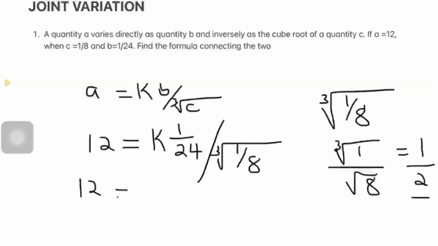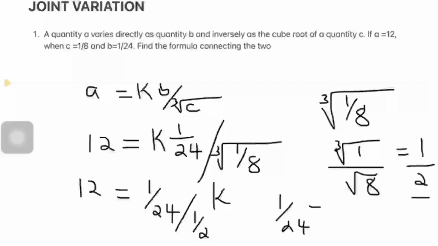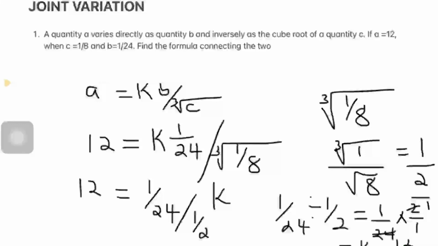And therefore here we are going to have 12 is equals to 1 over 24 divided by 1 over 2, times K, right? 1 over 24 divided by 1 over 2 is the same as 1 over 24 multiplied by 2 over 1. We get the reciprocal of 1 over 2, which is 2 over 1. You can cancel by 2, 1 by 2, 12, and that is 1 over 12.